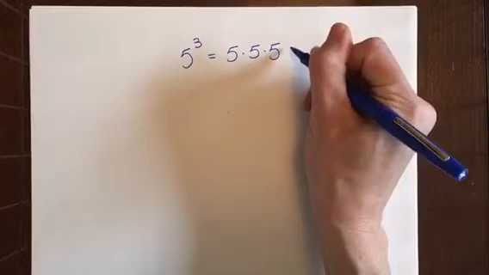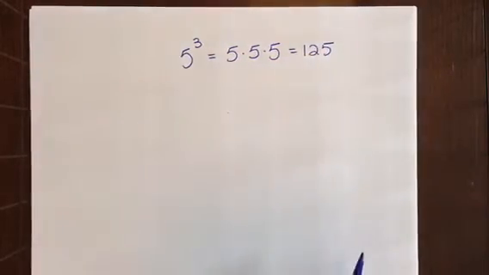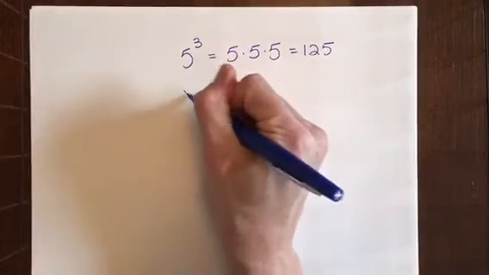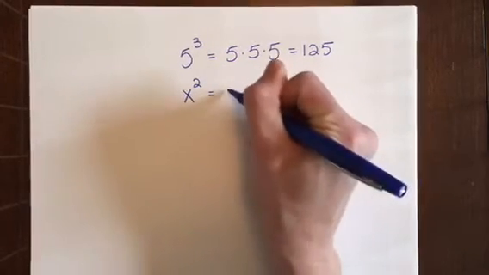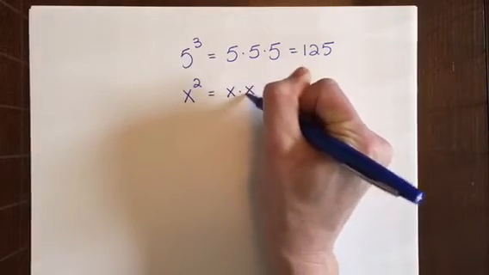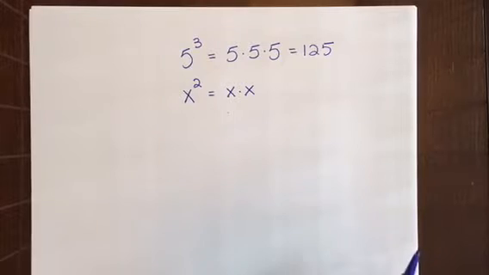So the answer to 5 to the third power is really 125. And it works for variables too. If we say x to the second power, that is x times x. So we need to know that knowledge going forward as we dive into some more tricky problems.